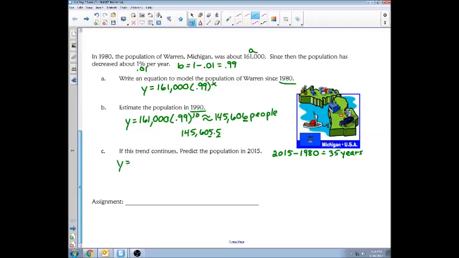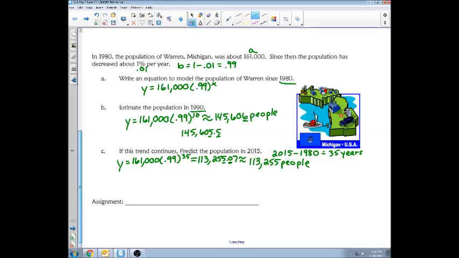So y equals 161,000 times 0.99 raised to the 35th, which would give us as an actual decimal 113,255.07. Again, I'm going to round to the nearest whole number, so the 0 will not change my 5: 113,255 people. Well, that is the end of our lesson.